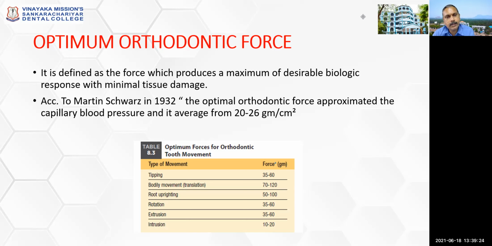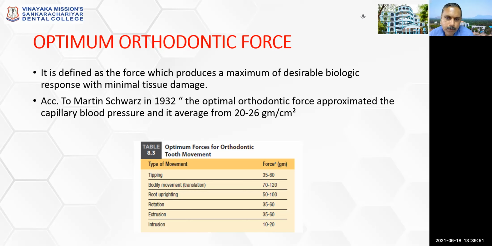If it exceeds the capillary blood pressure, that can cause biological damage. That is why you should preserve the blood vessels around the tooth, the capillaries, which nourish the tooth root and surrounding areas wherein biologically acceptable movement happens.